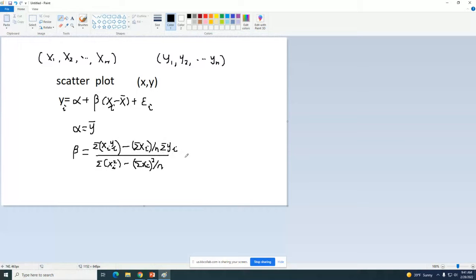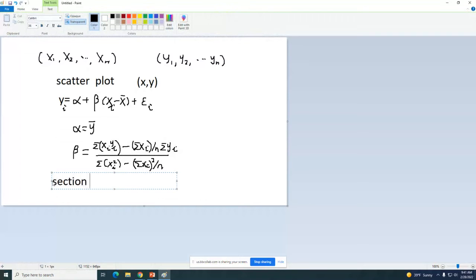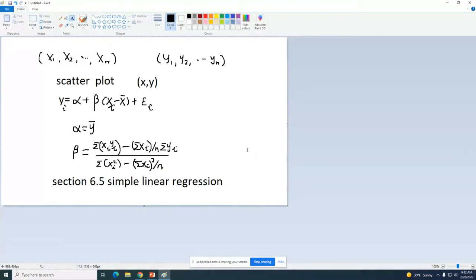That was our beta formula. This is what we did in section 6.5 with a simple linear regression. The goal for any regression is to identify the relation between x and y. Yeah, linear regression. Any questions?